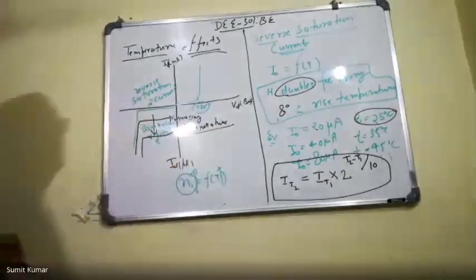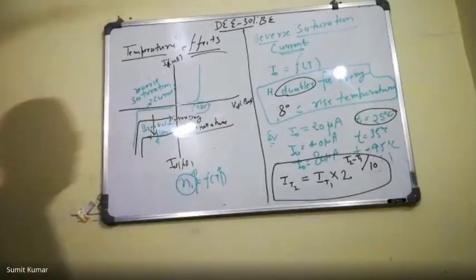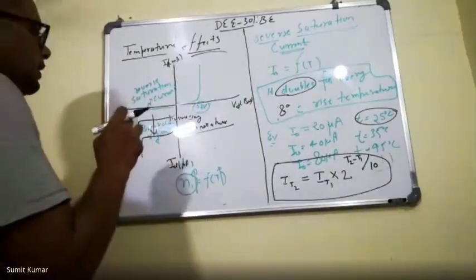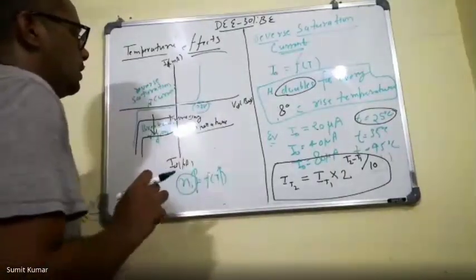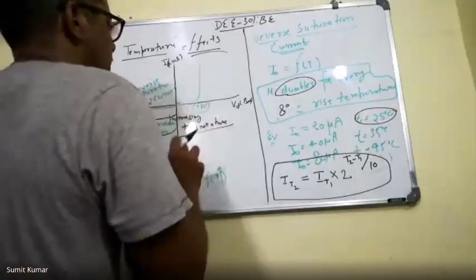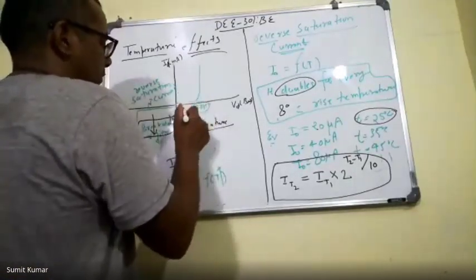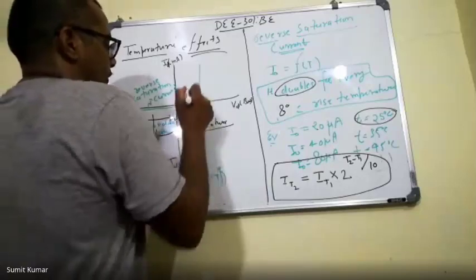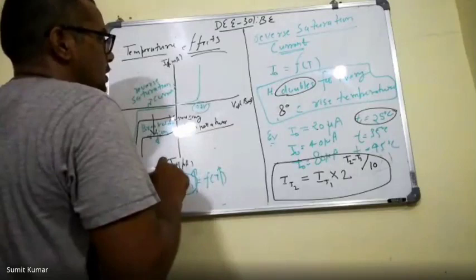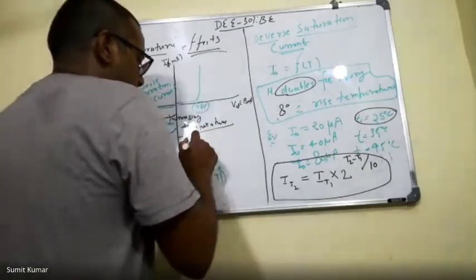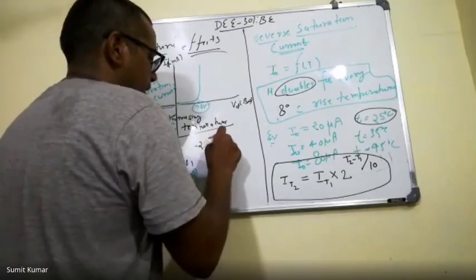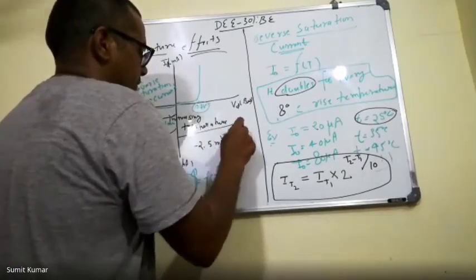Now quickly we will try to understand the temperature dependence of the forward voltage drop. It is particularly observed that whenever we increase the temperature, the forward voltage drop of the silicon diode decreases by 2.5 millivolt per degree Celsius.